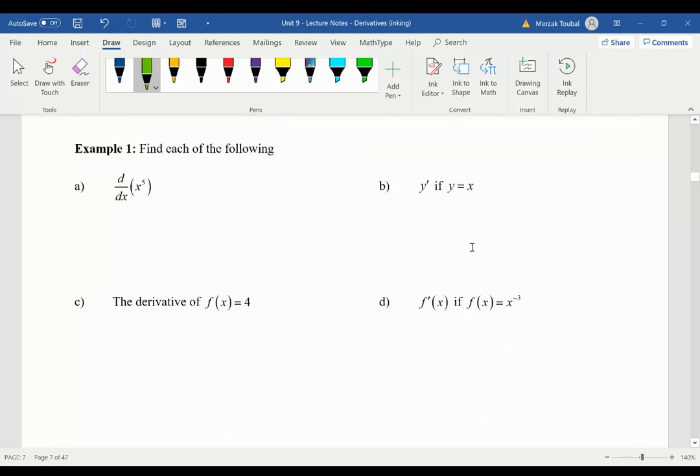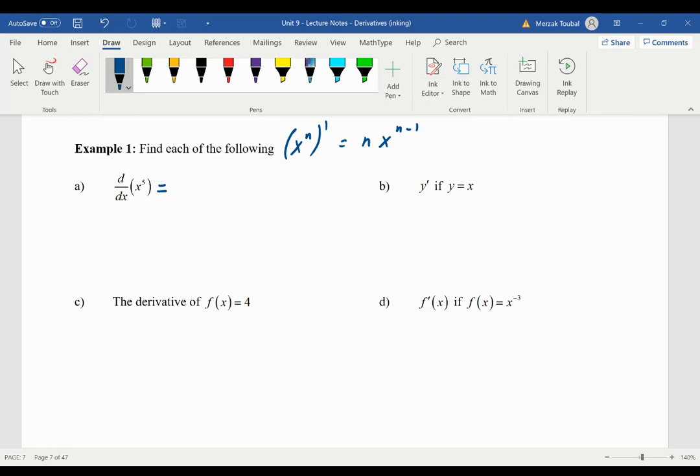Let's work on this example. Example 1 says, find each of the following. A: the derivative of x to the power of 5 with respect to x. Applying the formula we just learned, if we want the derivative of x to the power of n, then it would be n times x to the n minus 1.